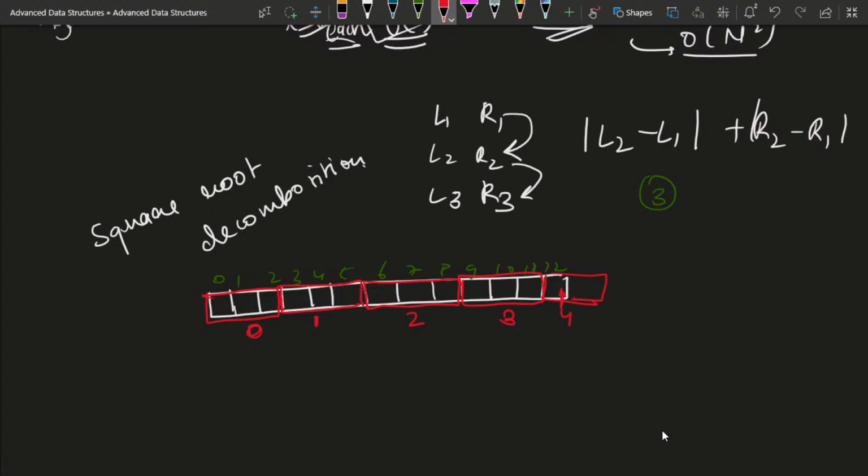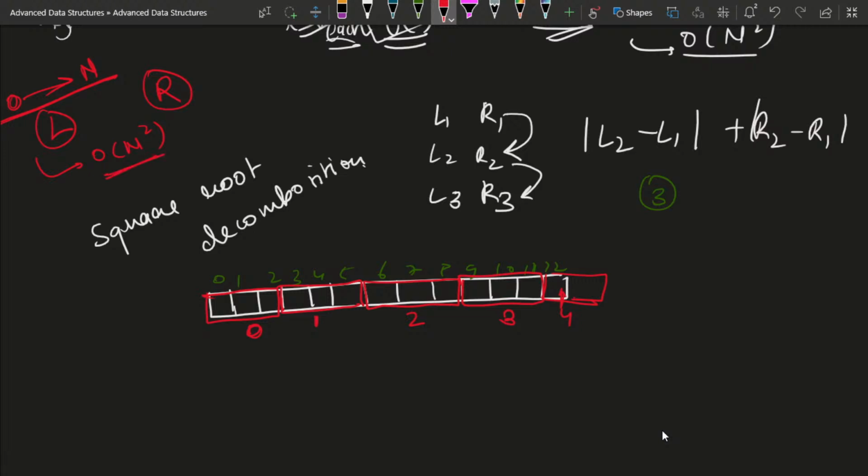Now suppose I am sorting by R, and my L was freely moving all the way from 0 to n. So that is costing me order of n square time.